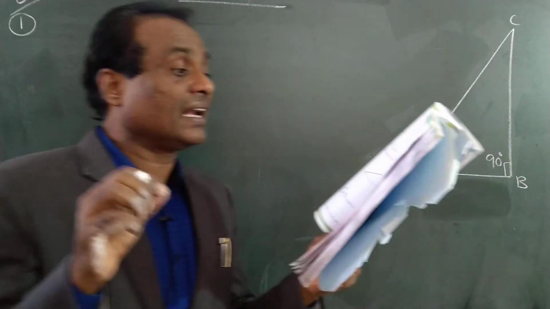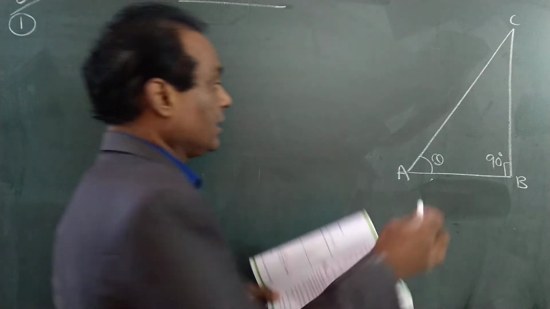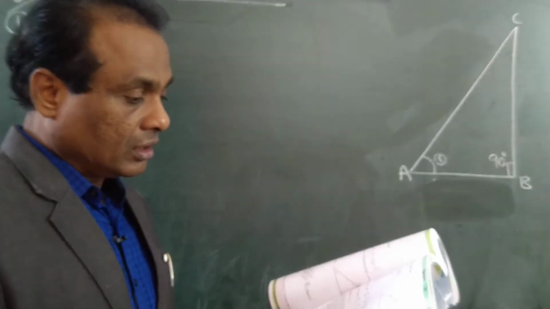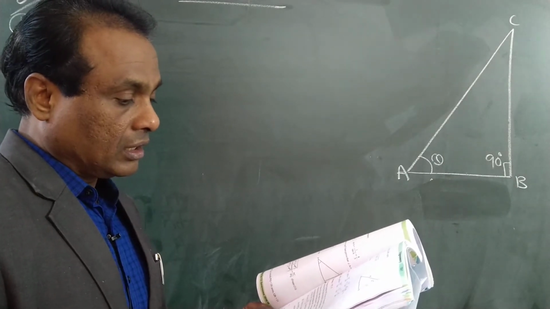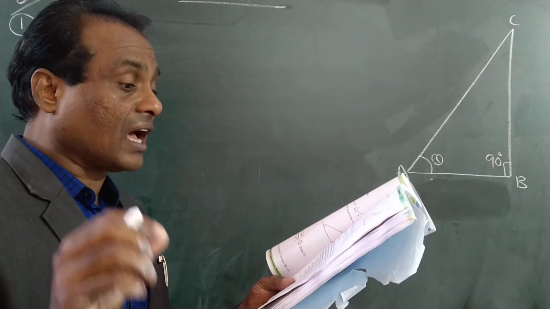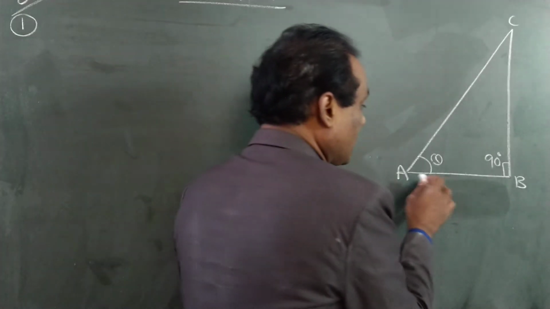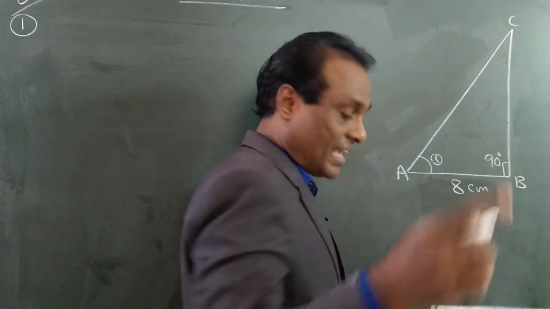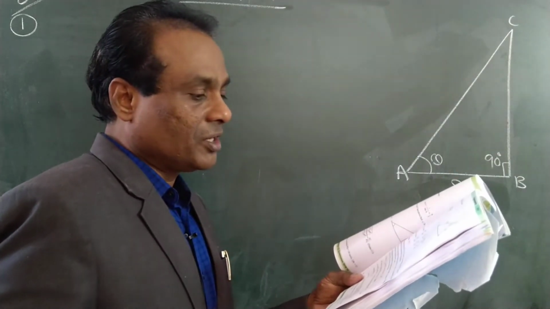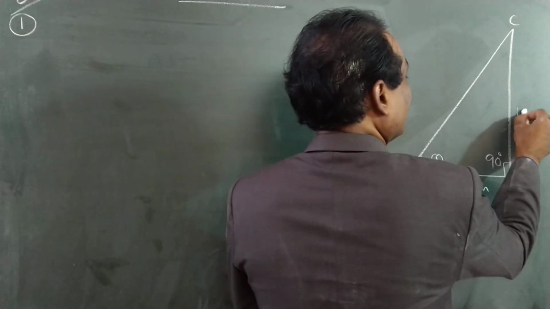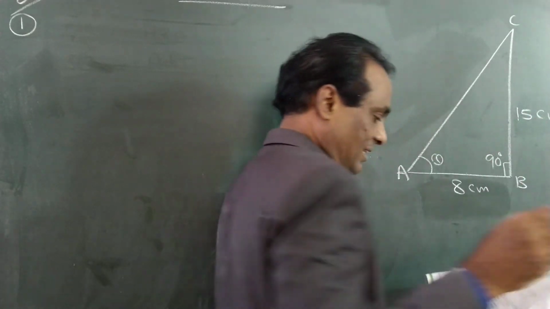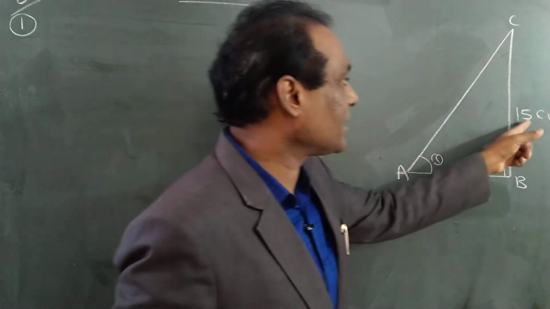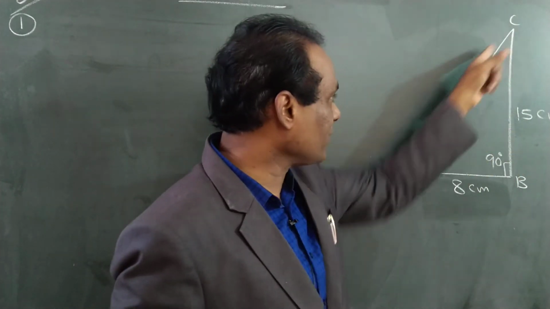In a right angle triangle ABC, 8, 15, 17 are the lengths of AB, BC, CA respectively. AB is 8 centimeters, BC is 15, CA is 17. 17 is the big side, so you should not write 17 here or here. 17 should always be the hypotenuse.